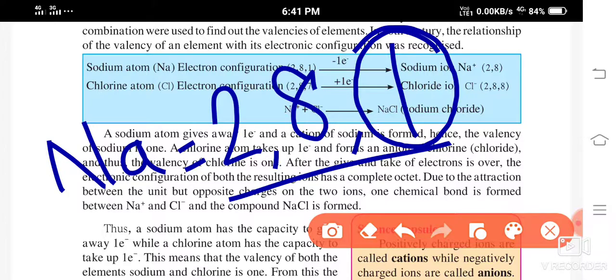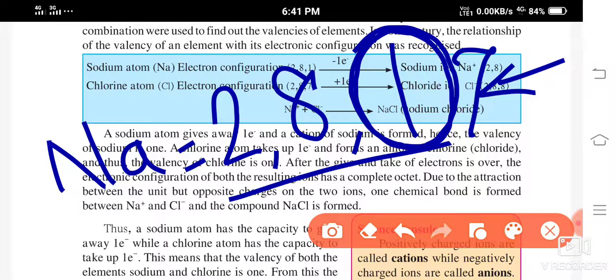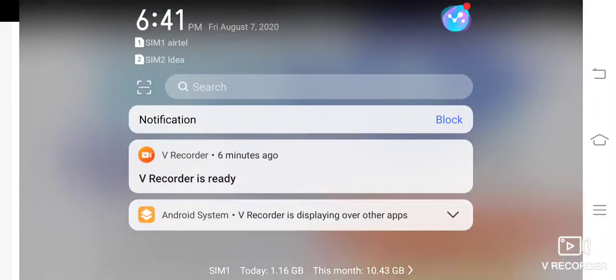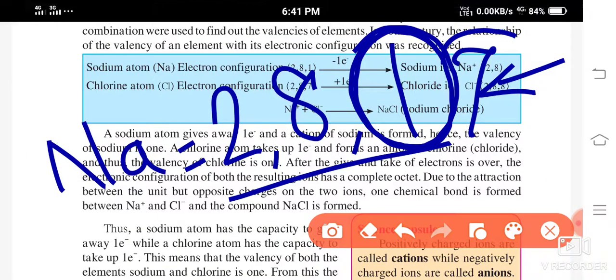Now if this has to become 8, it has to take how many electrons? 7 electrons. Or else, one option is there, it can give away this 1 electron.